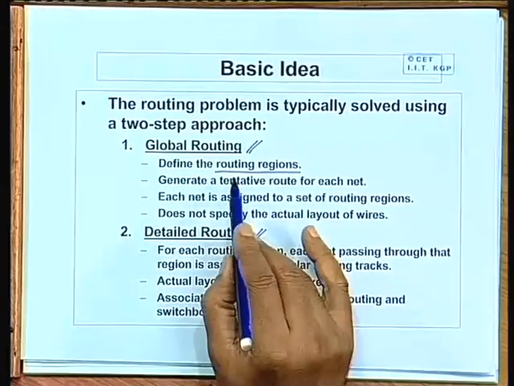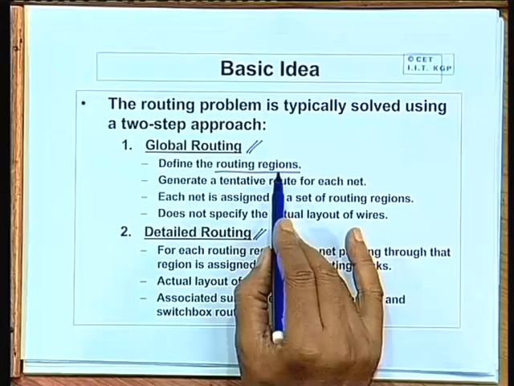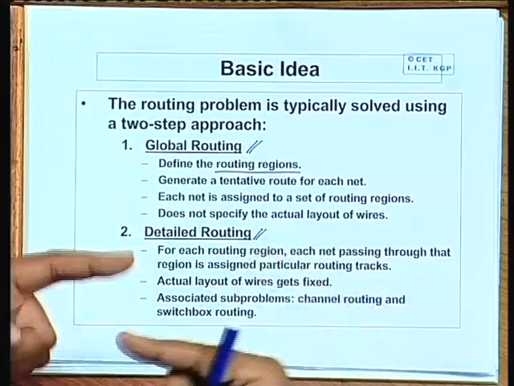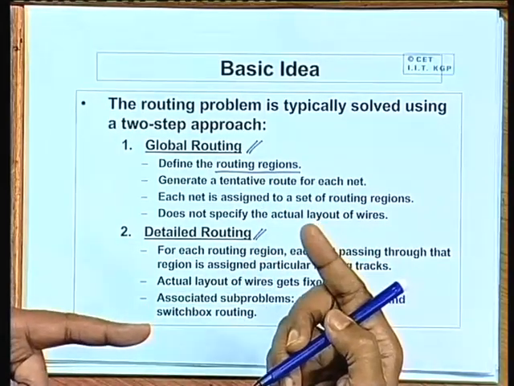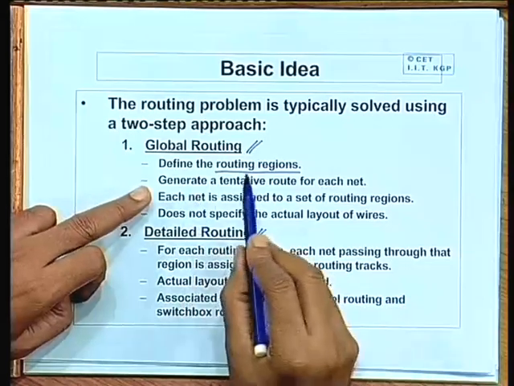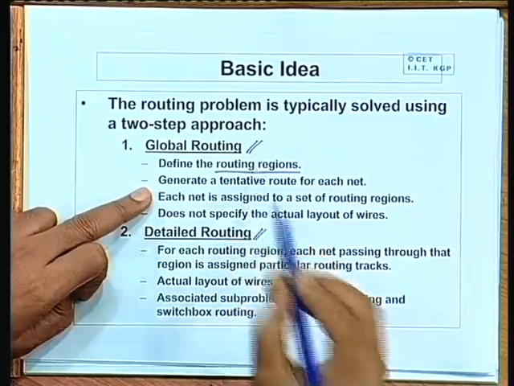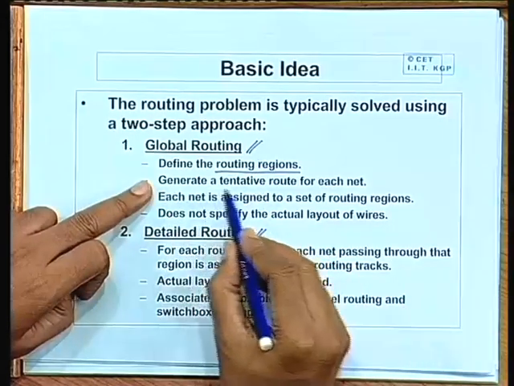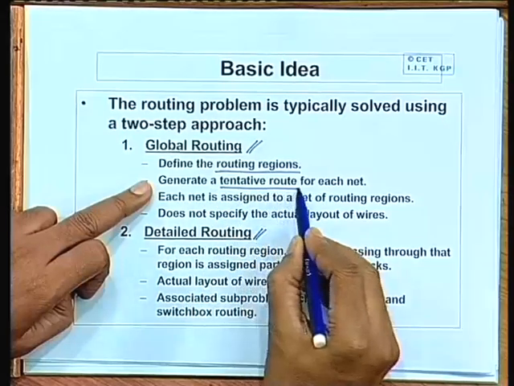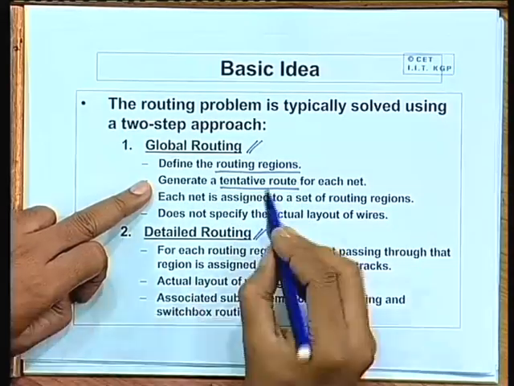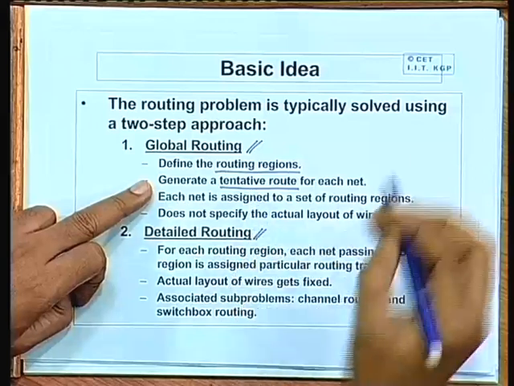Of course, there is some space left between the blocks. So, we will have to define the routing regions and their relationship among themselves. With respect to the routing regions we have defined, we will have to generate a tentative route for each net. This is tentative, this is not the exact.